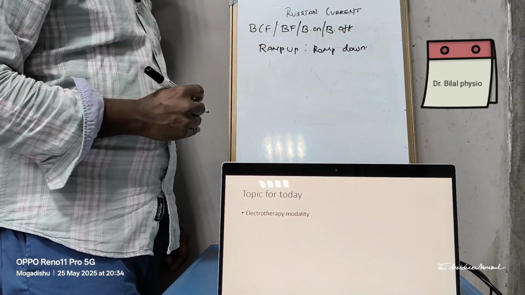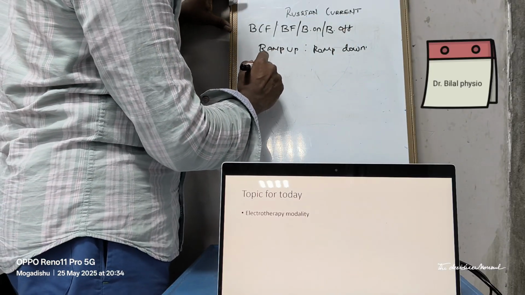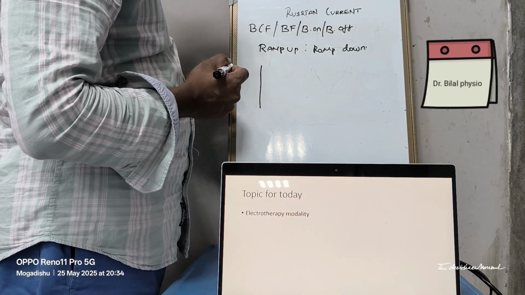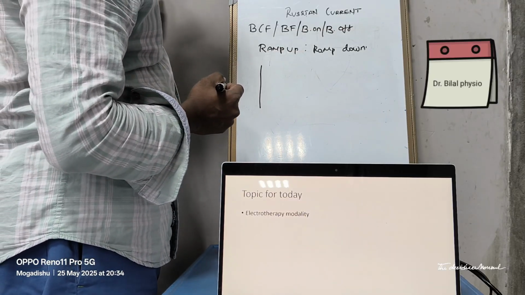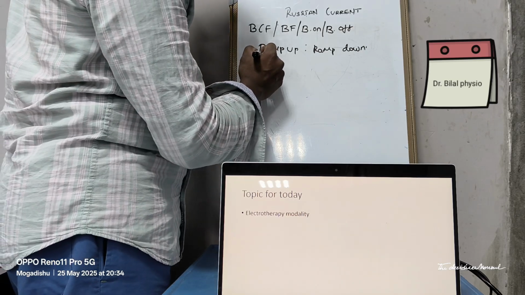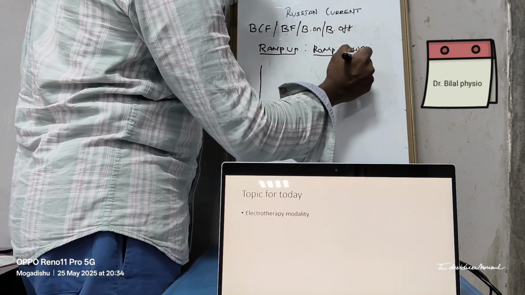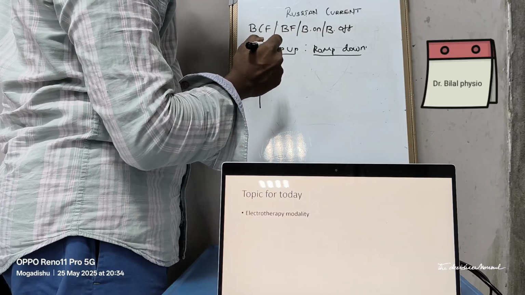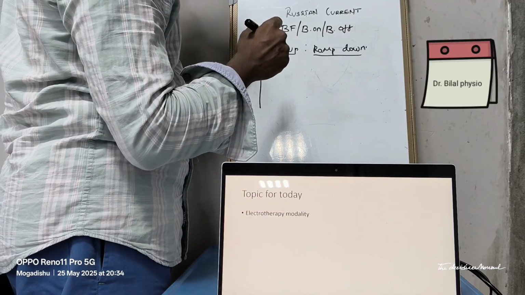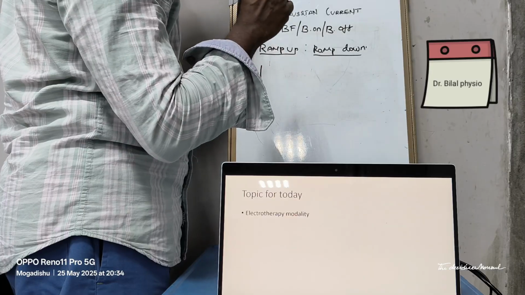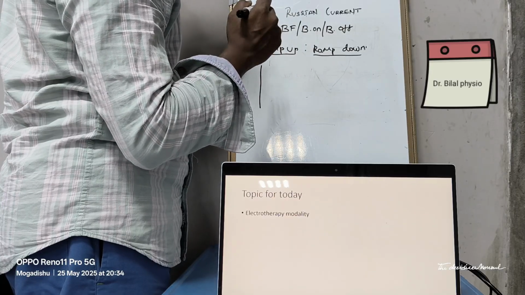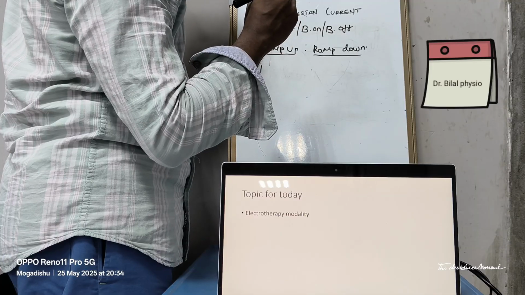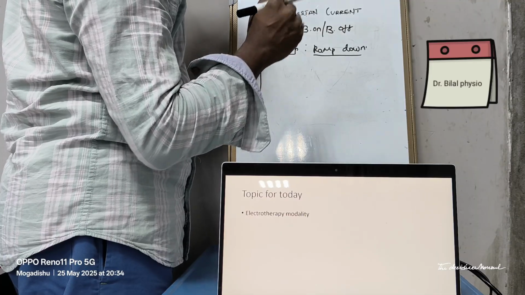This is nothing but to avoid muscle fatigue and muscle discomfort. This setting is adjustable on the display in some machines, while in others it is pre-modulated, which means it has already been set up inside the machine based on research, based on the basic protocol.